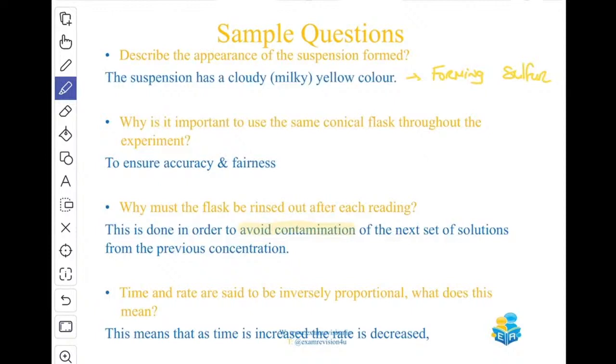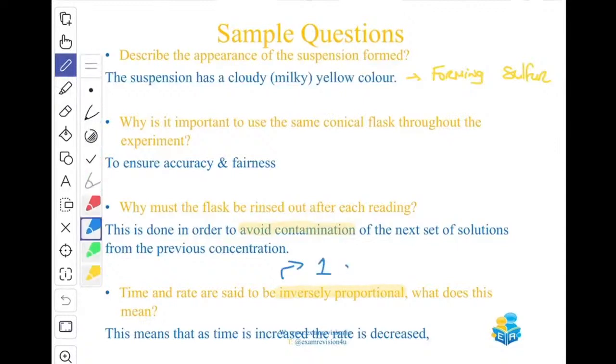Then it says time and rate are said to be inversely proportional. What does this mean? So if something is inversely proportional, as one goes up, the other goes down. That's what inversely proportional will mean. So for inversely proportional, one goes up and the other goes down.